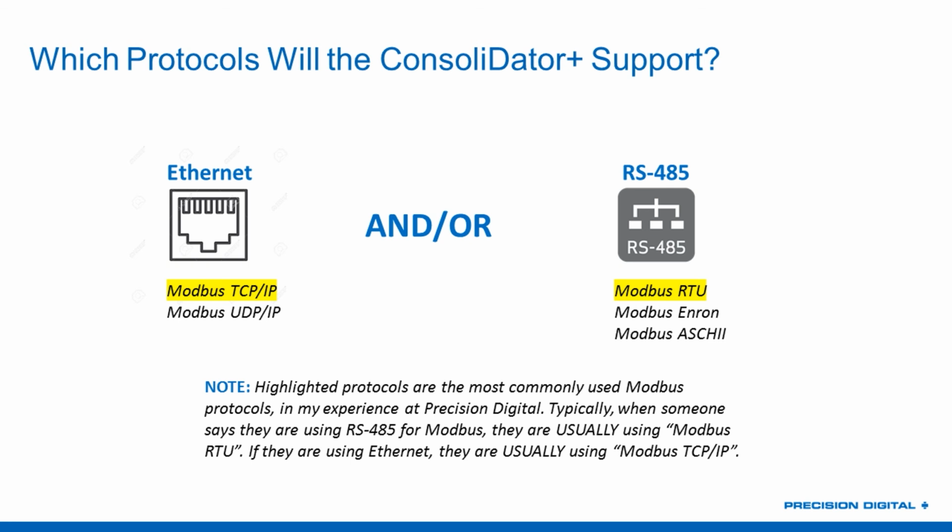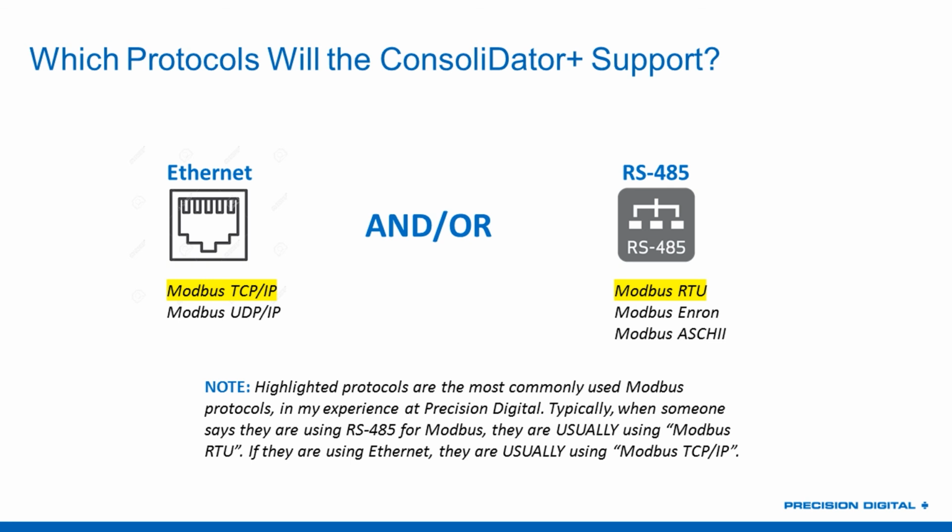Same with the Ethernet. If someone says they're using Modbus Ethernet or Ethernet Modbus, usually it's TCP/IP. Those are the two most popular ones for those information highways. And again, if you have any questions, feel free to chat them in.